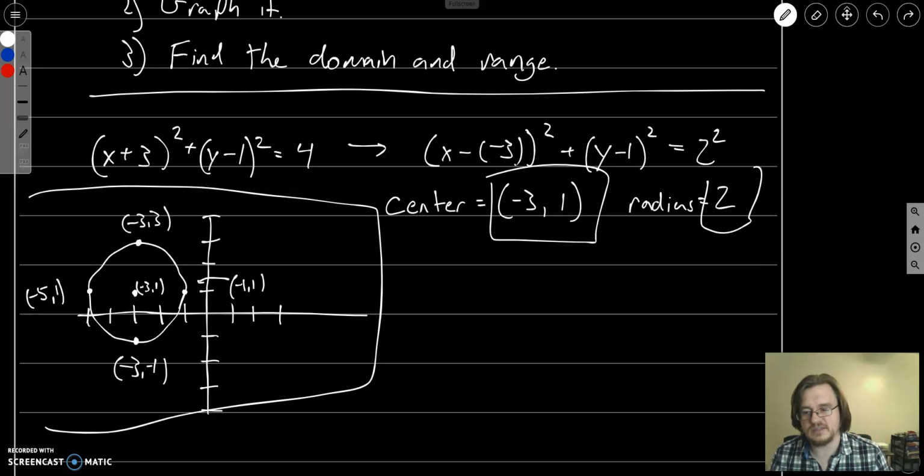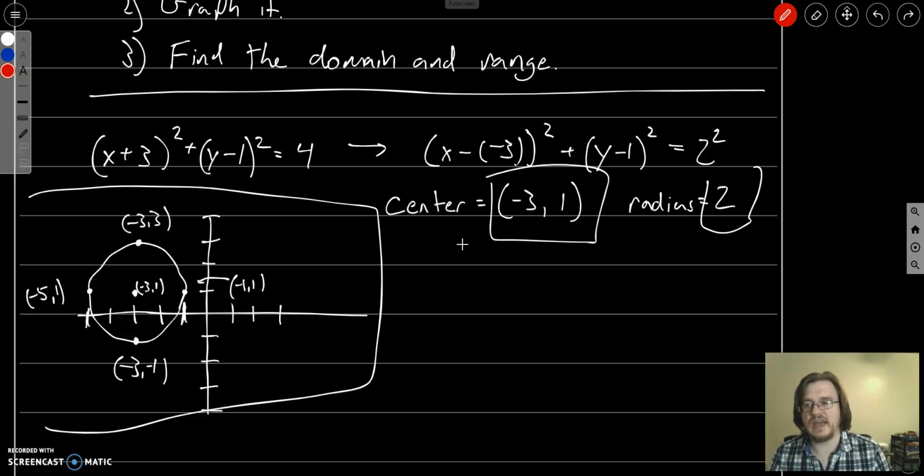And even with a relation, we can talk about the domain and range. So what are the possible x values along here? The domain is just all the possible x values. Well, we can see that this is the furthest left x value, and this is the furthest right x value.